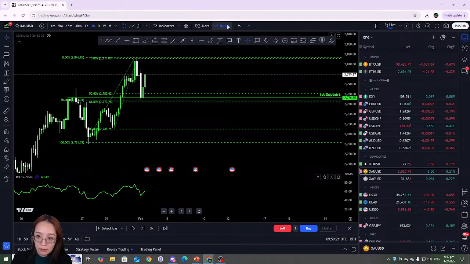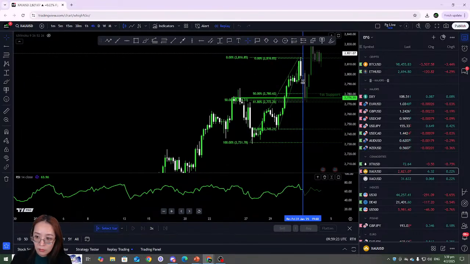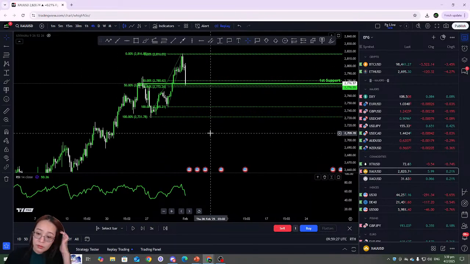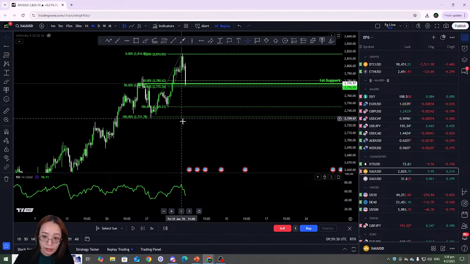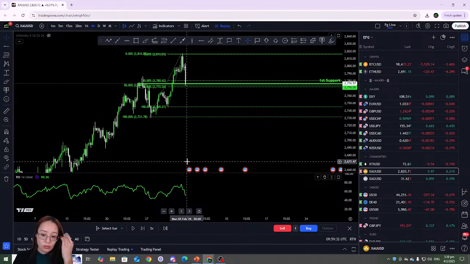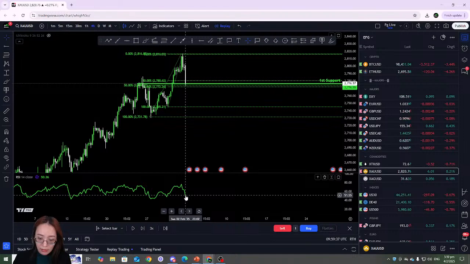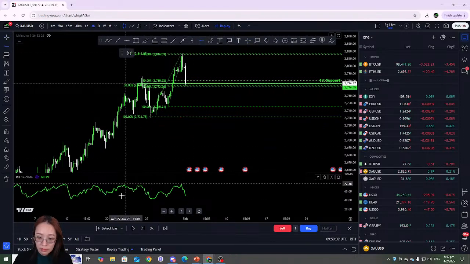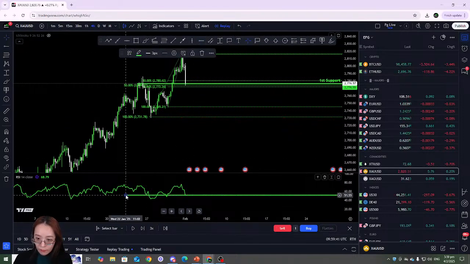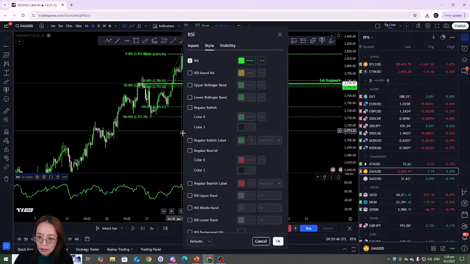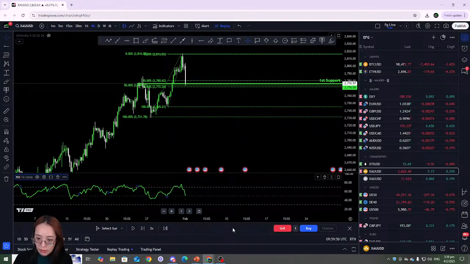Then if you want to look at H4, what do you think? If I want to confirm with the RSI, I think RSI can fall even more, but what you can see is about 50%, in the middle. You can see the price is reaching the middle one, which is 50.